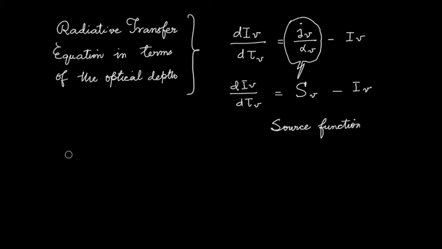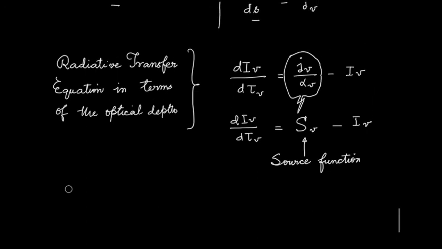This is called the source function. You see, what does it depend on? It depends on the ratio of the emissivity to the absorptivity, the emission coefficient to the absorption coefficient. Both emission and absorption depend on the source. So that's why it's called a source function.